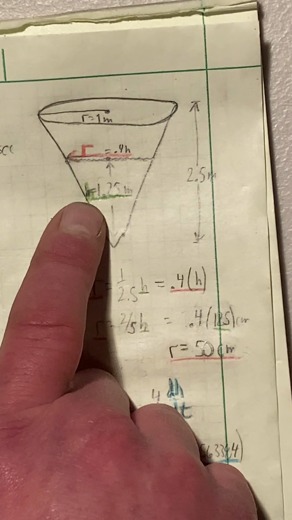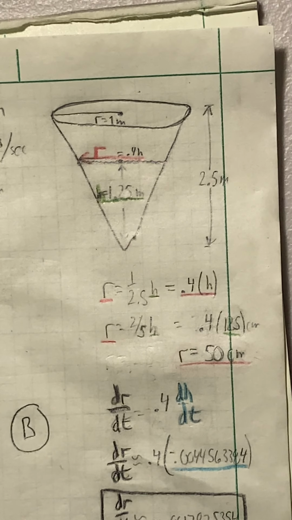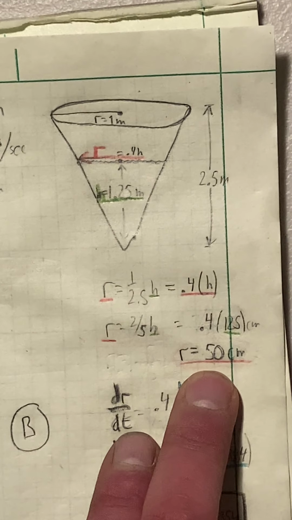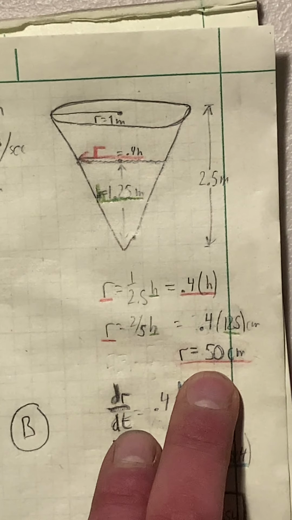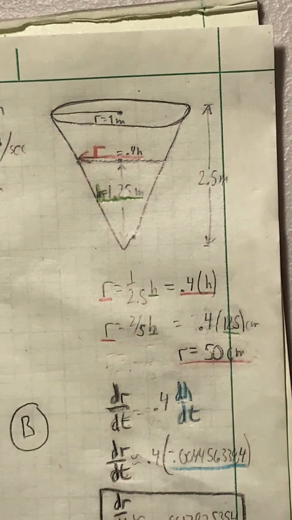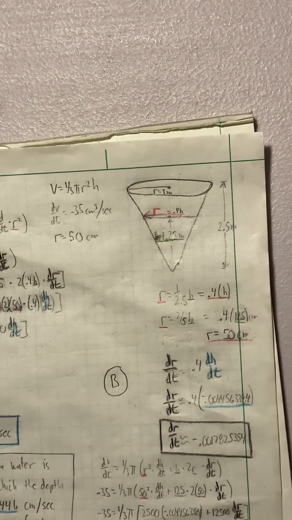In this problem I'm using centimeters, so I convert everything to centimeters. That's 125 centimeters times 0.4, and that gives a radius of 50 centimeters when the depth of water is 125 centimeters.